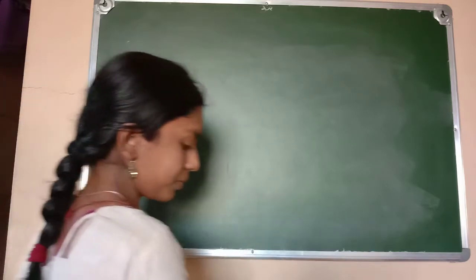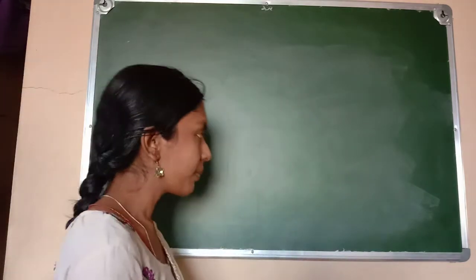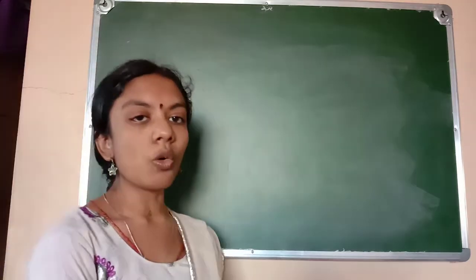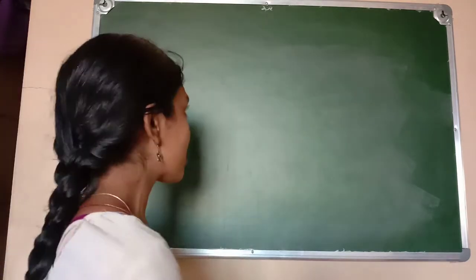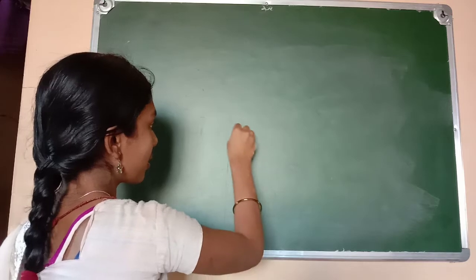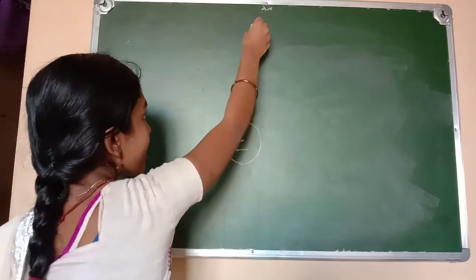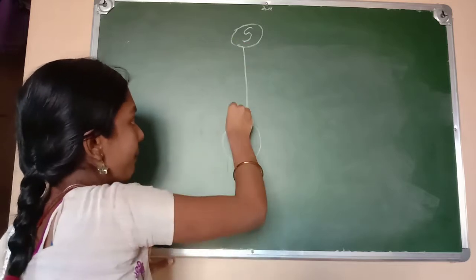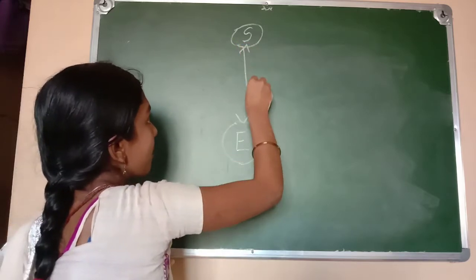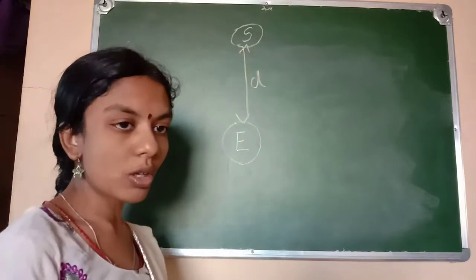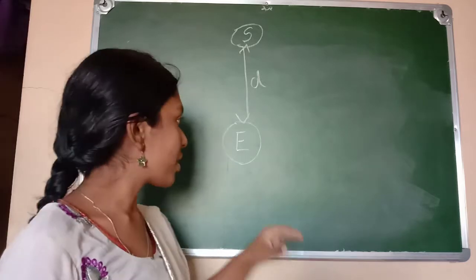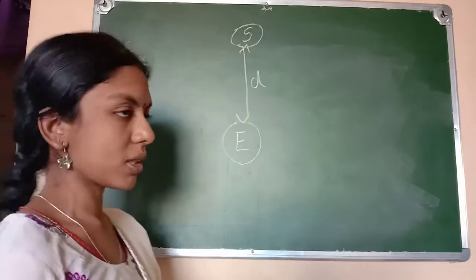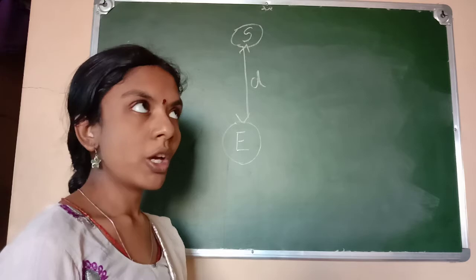For example, I want to give you an overview of how the distance from Earth to a distant star is measured. You cannot take a measuring tape and measure the distance from the Earth to the star. But how is it measured?